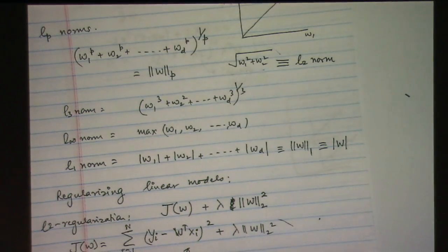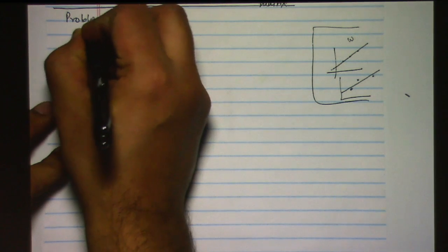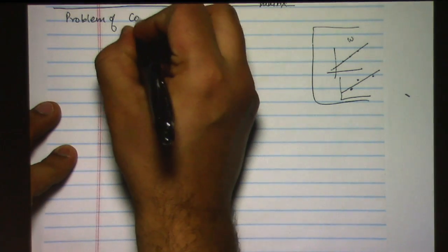The point is that ridge regression helps you control that. So, the problem of correlated variables.